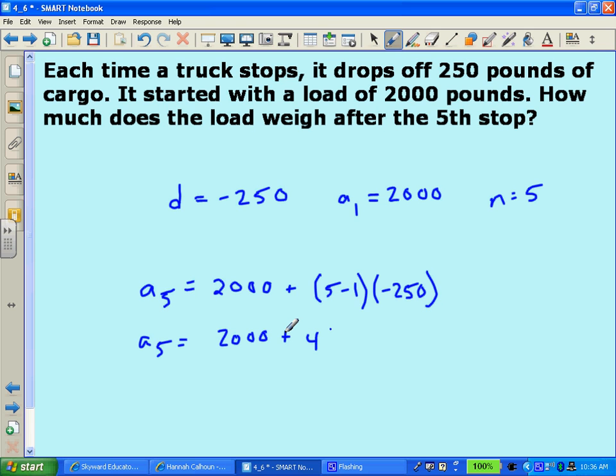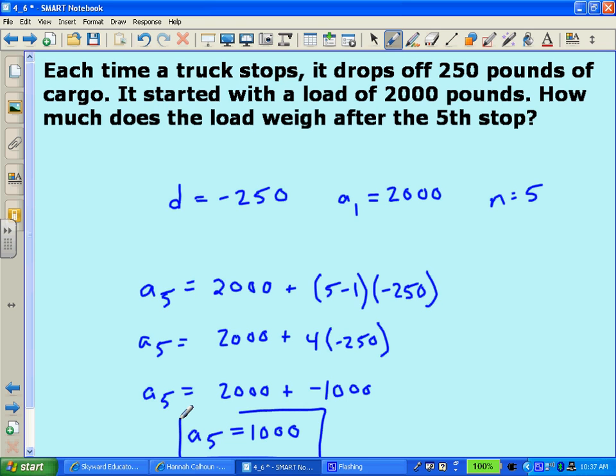So a sub 5 equals 2,000 plus 4 times negative 250. 4 times negative 250 is negative 1,000. So a sub 5 would be 1,000. So after the 5th stop, they'd have 1,000 pounds left in the truck.